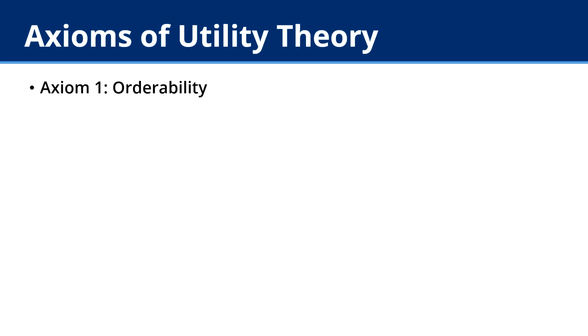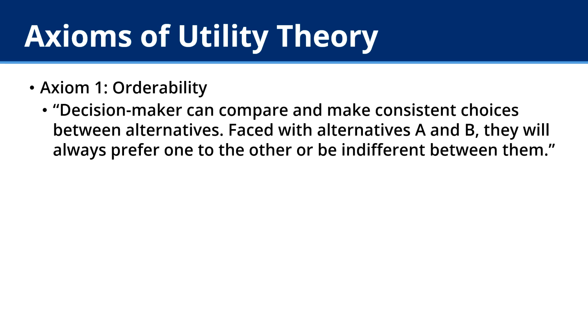The brief explanation of this is that a decision maker can compare and make consistent choices between alternatives. Faced with alternatives A and B, they will always prefer one to the other or be indifferent between them. So the decision maker understands and knows how to order different alternatives and is consistent, right?